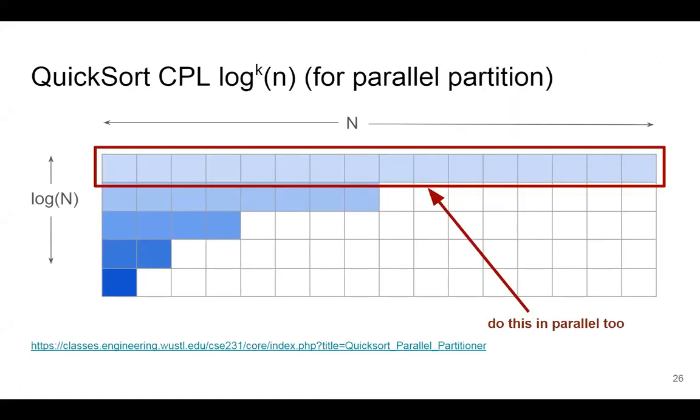I'll give one last thing to comment on here: I've alluded throughout the class that you can do parallel merge sort. You can do the combine step in parallel. You can also do the partition in parallel.